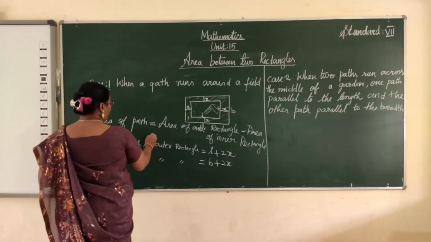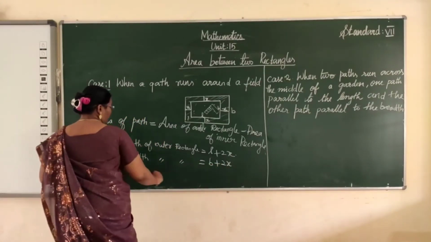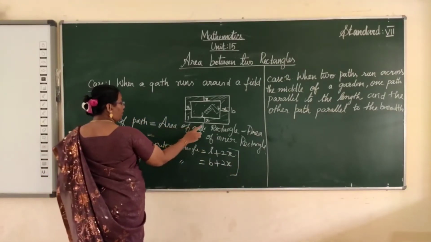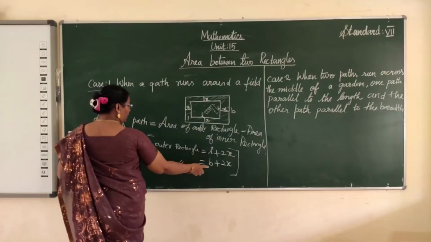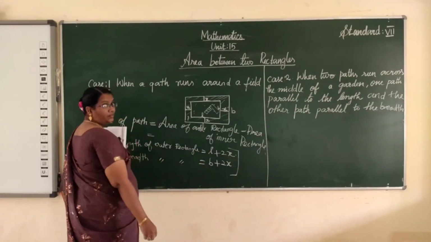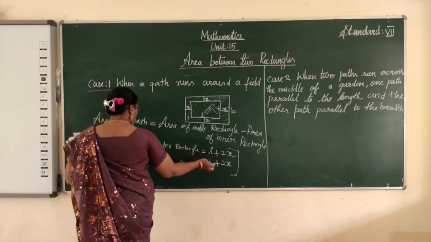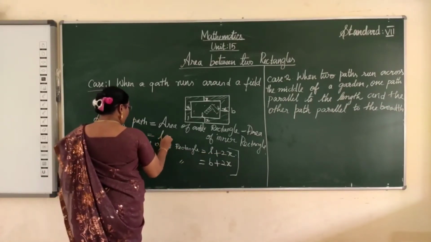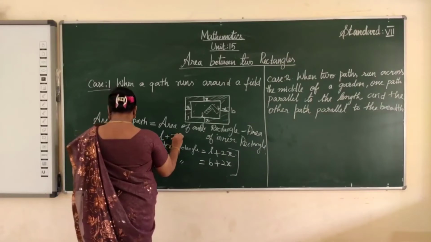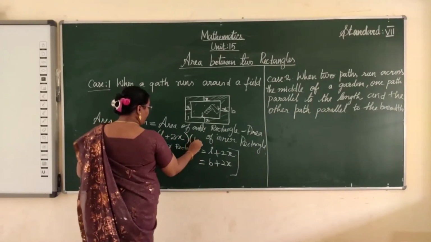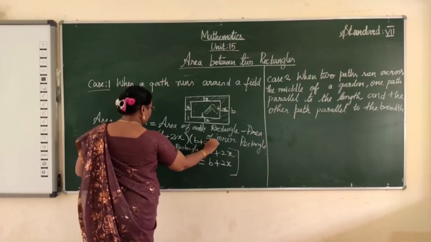Okay, so how can you write? This one write within a bracket. Now write the formula, area of the outer rectangle. What is the formula for the area of the rectangle? L into b. So outer rectangle length is L plus 2x, b value, b plus 2x.